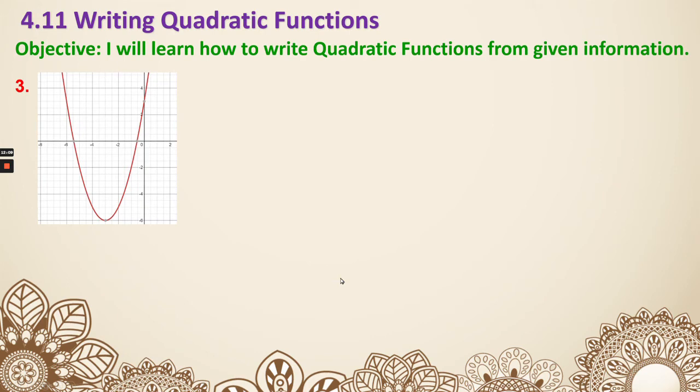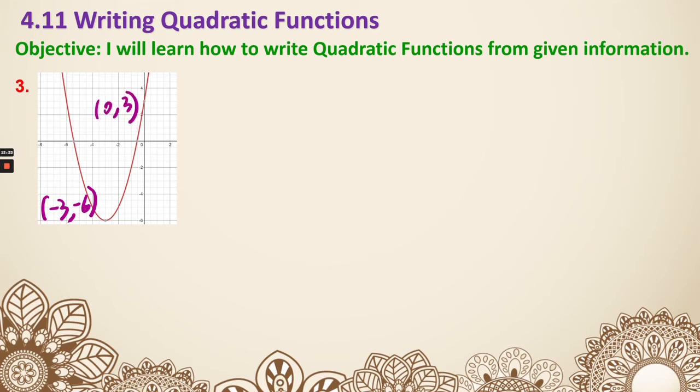Number 3, we are given intercepts again, but this time we have some decimals. And in that case, we can choose to not use them because that's going to make things very messy, but we have a very clear vertex. The vertex is going to be (negative 3, negative 6). We also have a y-intercept, which is also clear, which is (0, 3).